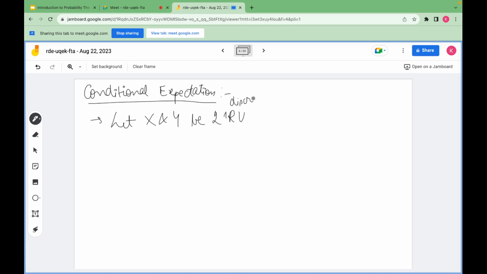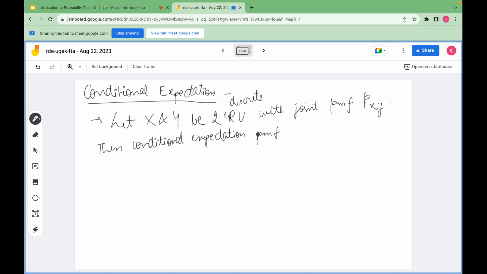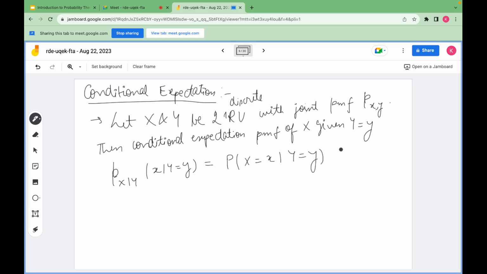These are discrete random variables with joint PMF p_{X,Y}. Then the conditional expectation: the PMF of X given Y equal to small y is the probability that X is equal to x given Y equal to y, provided that the probability Y equals y is greater than 0.